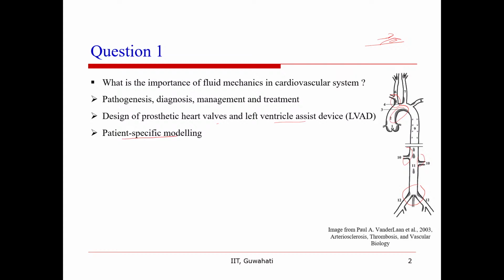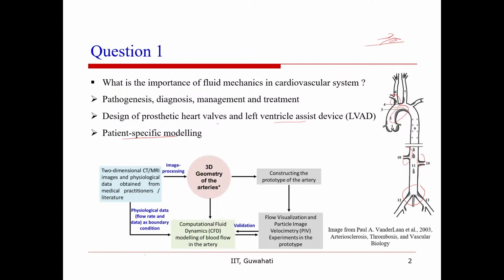So one size may not fit. One also needs to understand the specific groups and find out the blood flow patterns or geometrical patterns and what hemodynamic factors can be important there.